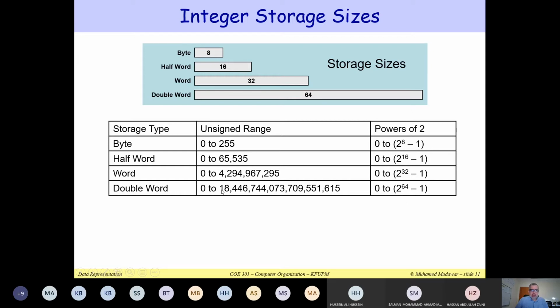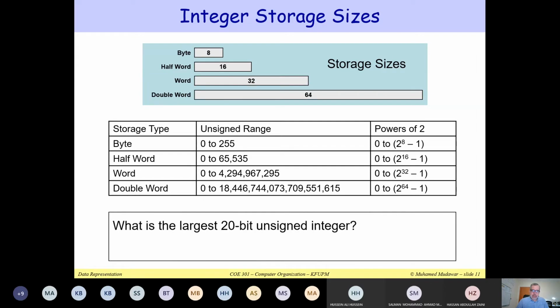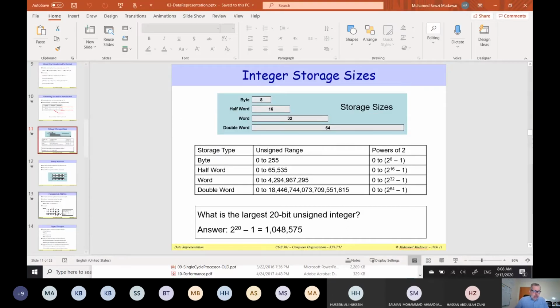You can see it has about 18 zeros, so this is really a huge number. So these are the storage sizes which are defined in the MIPS architecture. This is one topic that I wanted to mention.